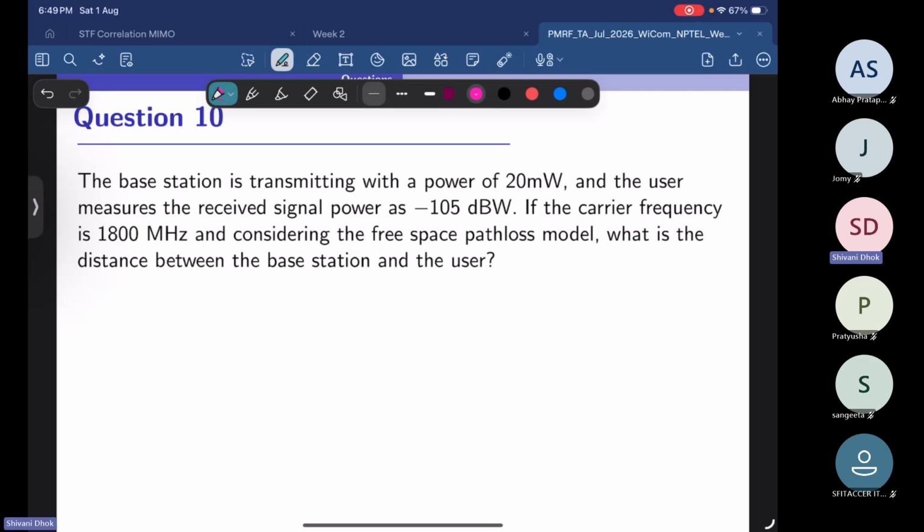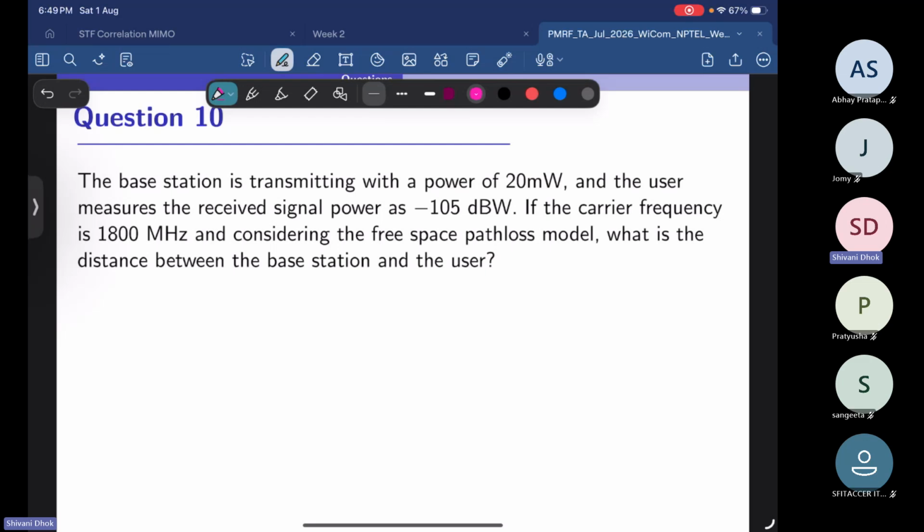So the question here says that the base station is transmitting with a power of 20 milliwatts and the user measures the received signal power at minus 105 dBW. If the carrier frequency is 1800 megahertz and considering the free space path loss model, what is the distance between the base station and the user?